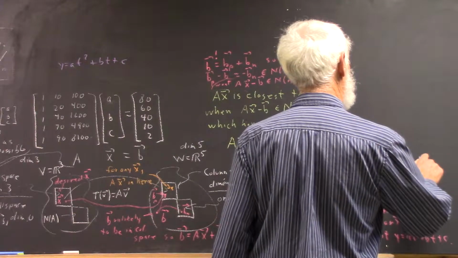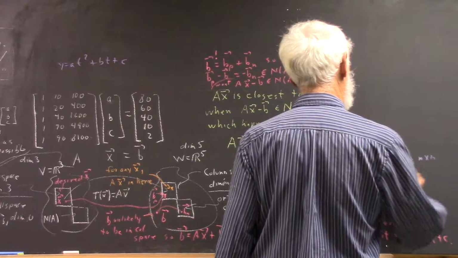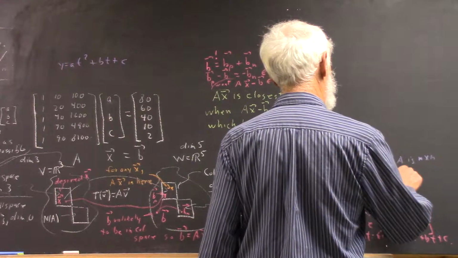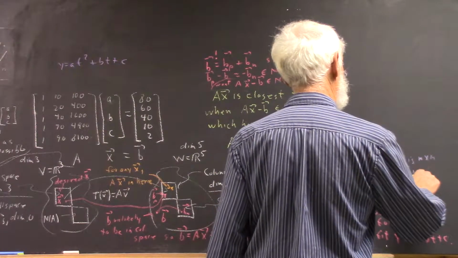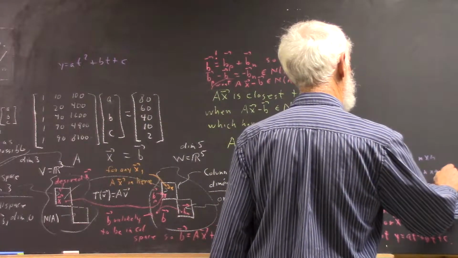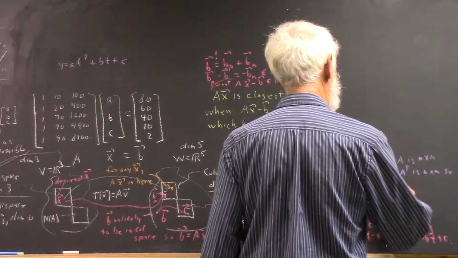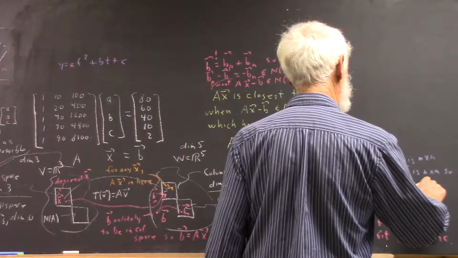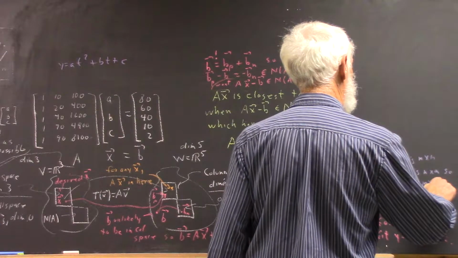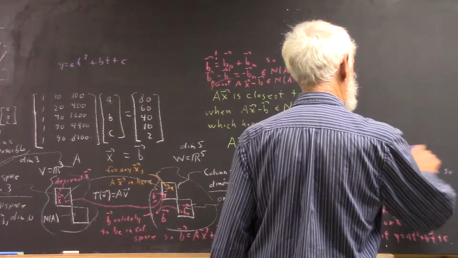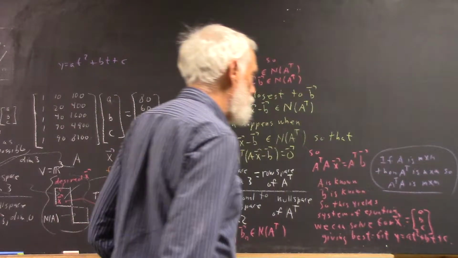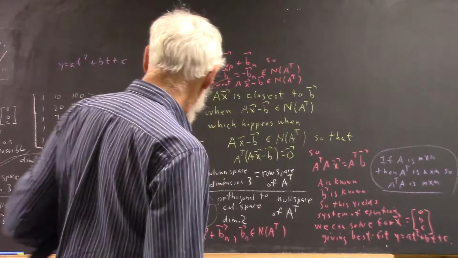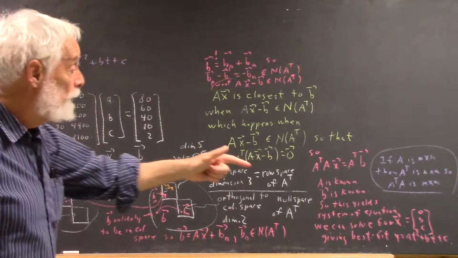I could make a side comment here. If A is M by N, then A transpose is N by M, so A transpose A is N by N. In this case, that would be 3 by 3.